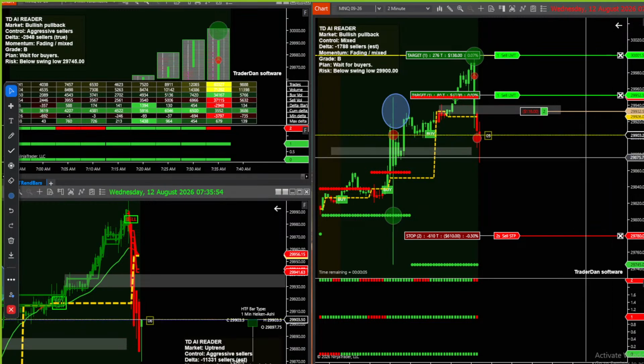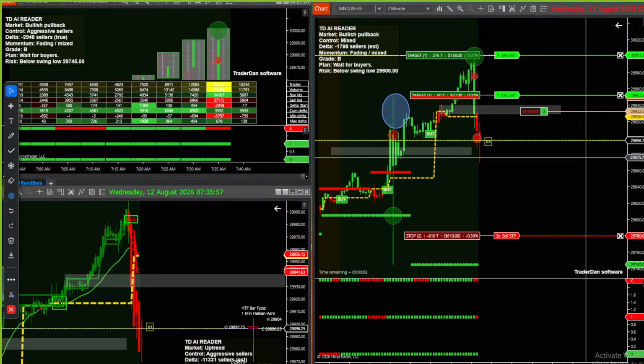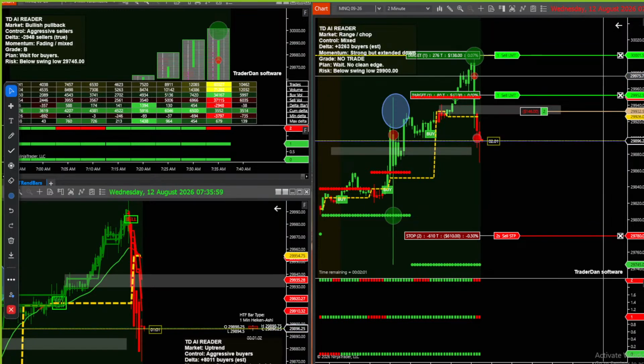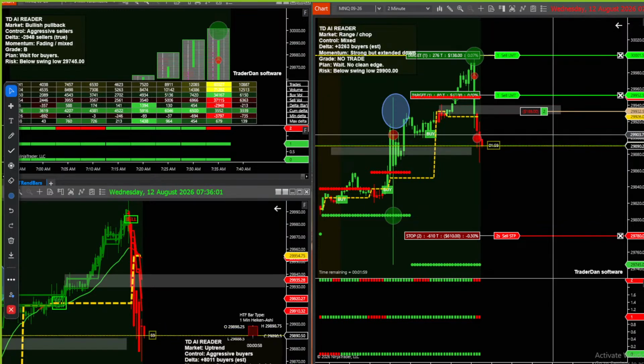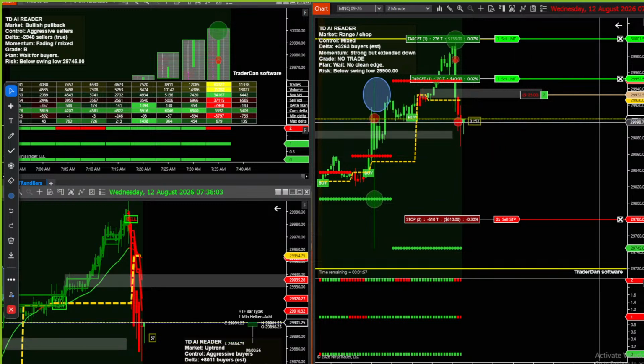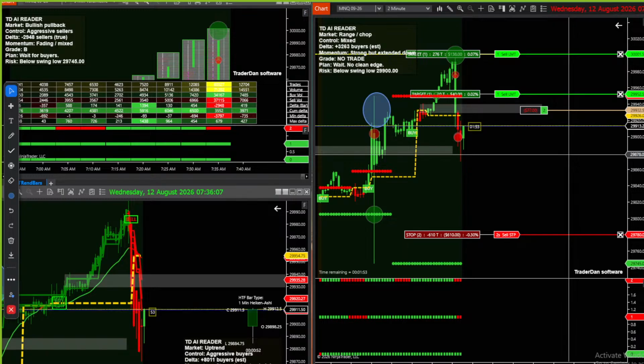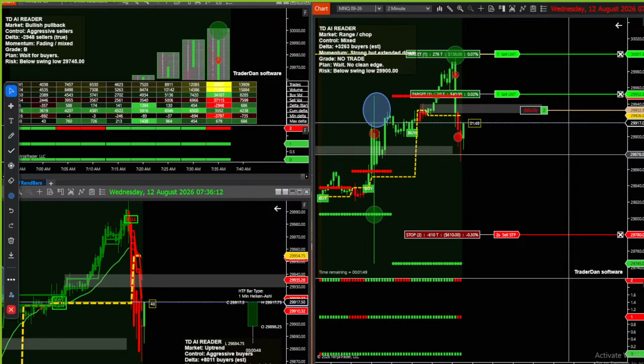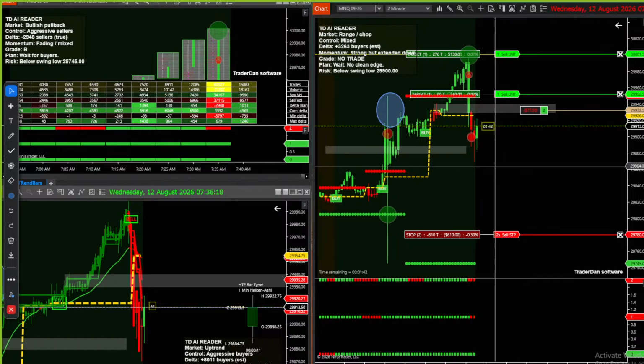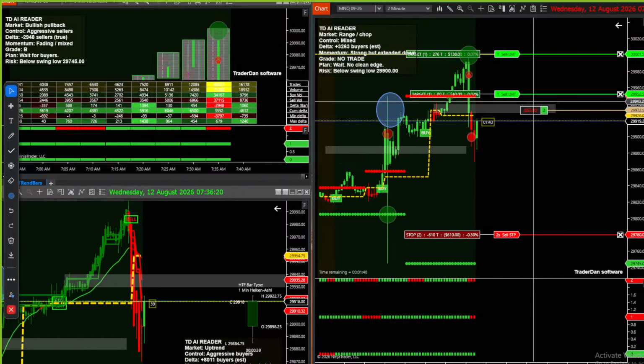We're going to go back to POC, 29,979. Maybe we push back up into the 80 level here. Come on, give me some aggressive buyers here. Delta's was like 2,700 long, so are we just going to retest this bottom and sell off again? We start to come back down, I'll exit the trade.